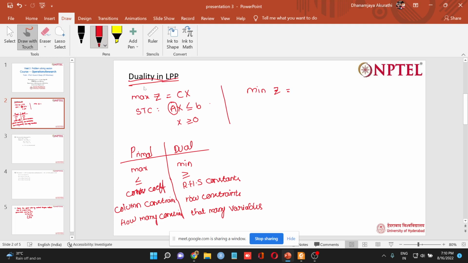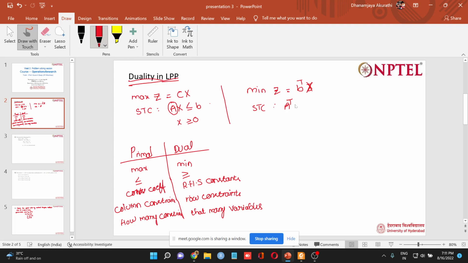So in the primal problem, it is maximization type. Coming to the dual, it is minimization. And here the cost coefficients would be whatever RHS constants are involved in the primal. Here it is X. And subject to constraints, we assume A as a matrix. This becomes the transpose. Why? Because whatever the column constraints in the primal become the row constraints in the dual.